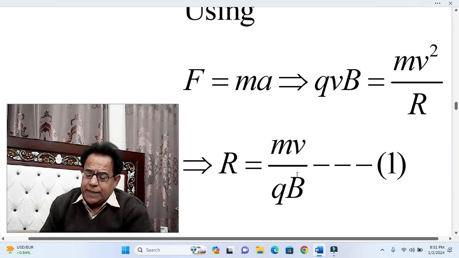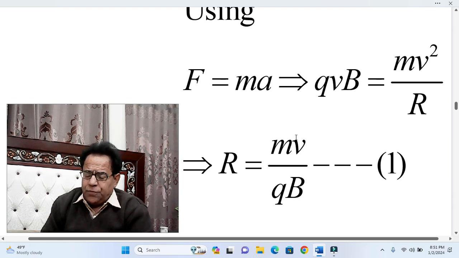Dear students, in this equation four variables are involved. Out of these four, one will vary in every part of the problem, that is mass of electron, mass of proton, mass of helium alpha particle, mass of deuteron, etc.